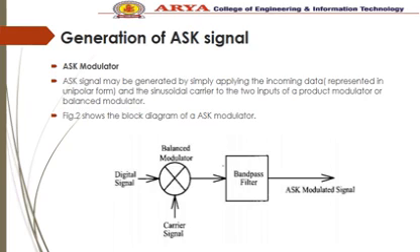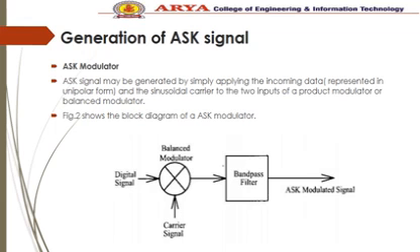The high signal closes the switch, allowing the carrier waveform to pass. And when there is a low input, the switch opens, which means no output voltage will be passed. The band limiting filter shapes the pulse depending upon the amplitude and phase characteristics of the band limiting filter, or the pulse shaping filter.